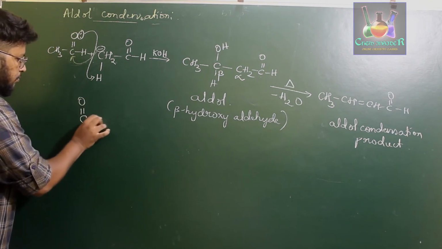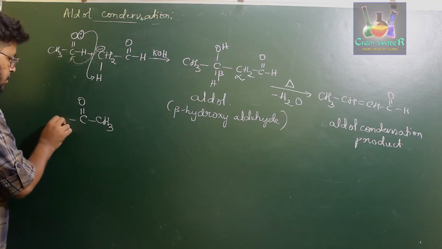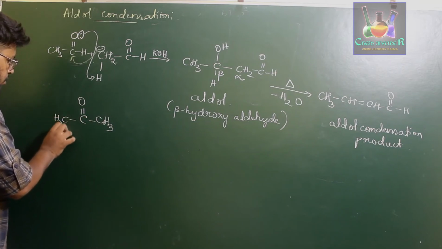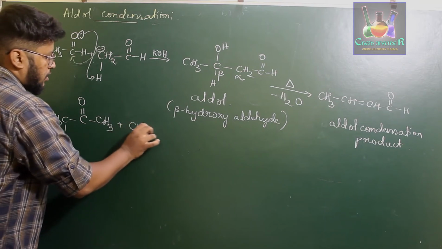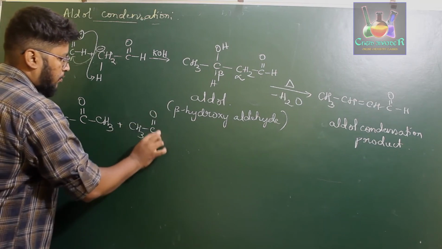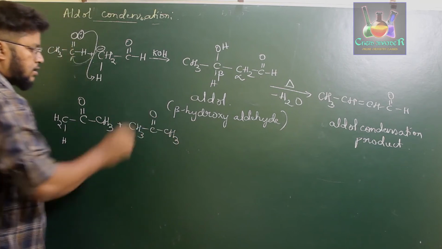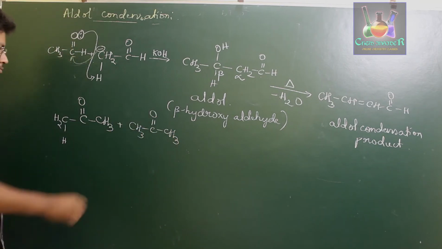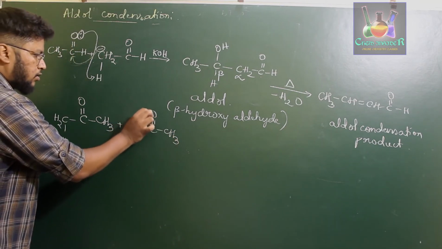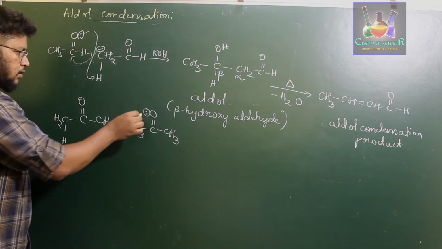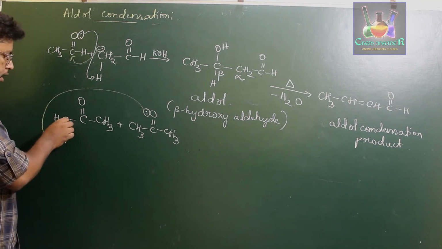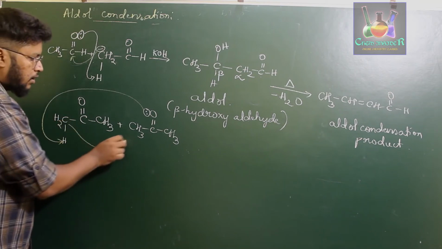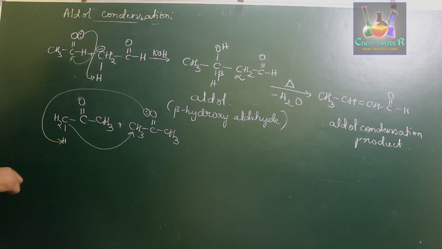CH3, C double bond O, CH2H, and one more molecule of CH3, C double bond O, CH3. So now the lone pair of electrons on this oxygen attacks this hydrogen. The negative charge which is gained by this carbon attacks this carbon.